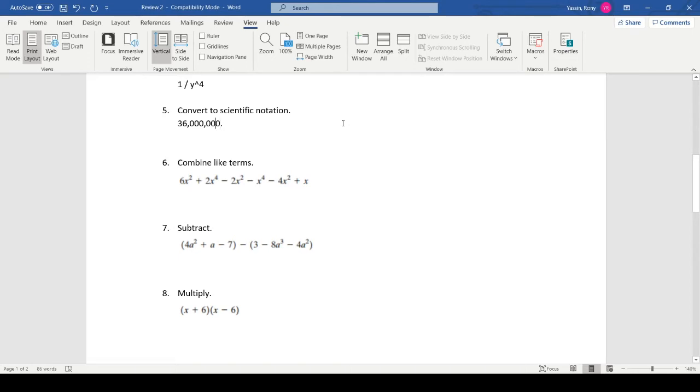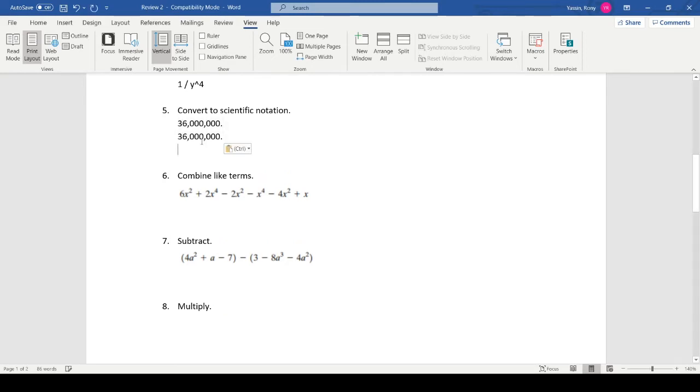So we're gonna move it over 1, 2, 3, 4, 5, 6, 7. So we moved it over 7 digits to the left, and then what you do is you put a decimal right here. So we're going to put the decimal point here, and remember we moved it over 7 times.